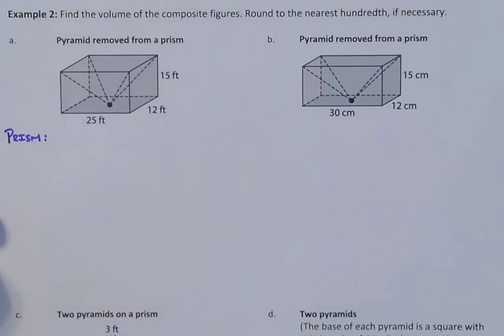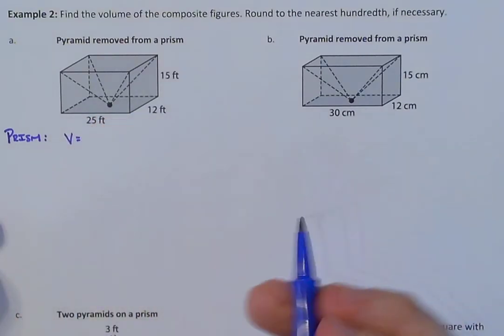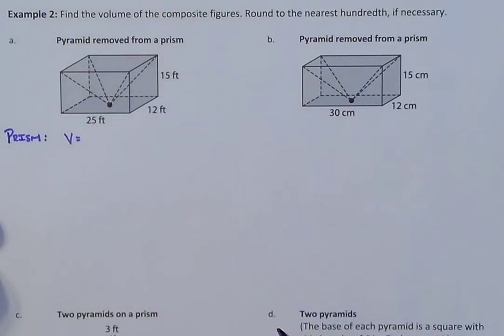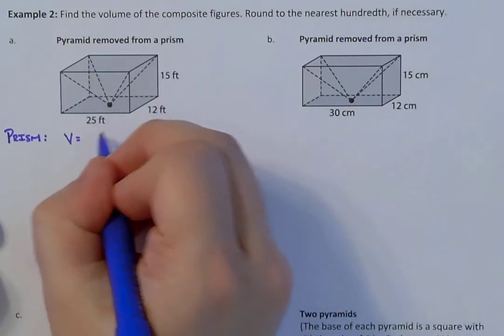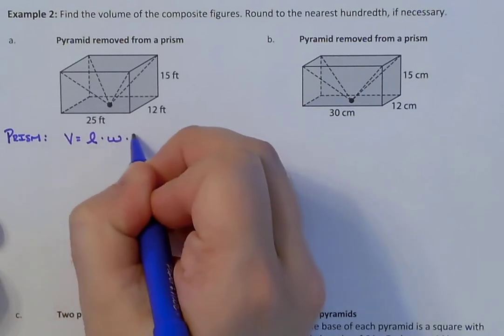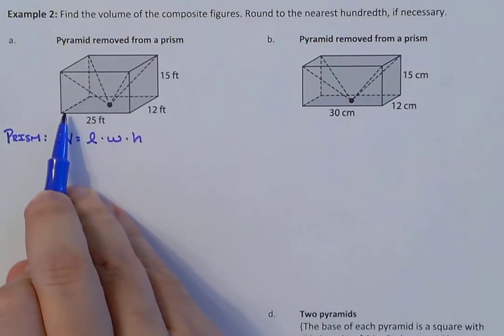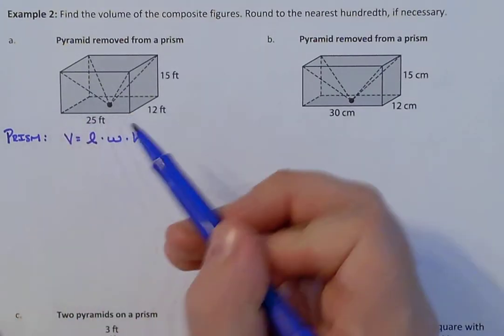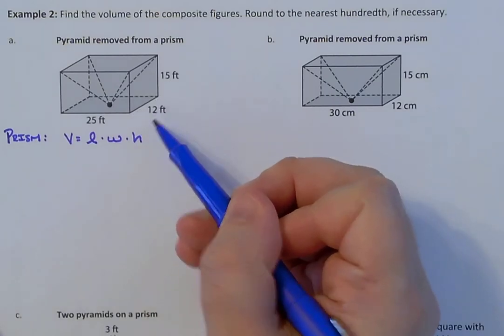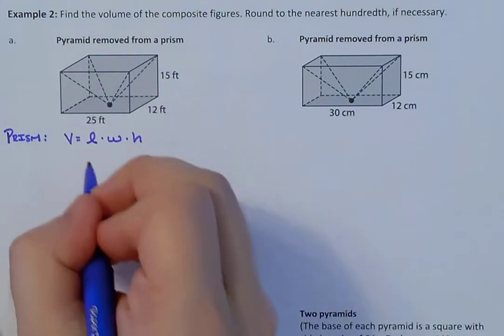Now, to find the volume of a prism, this is back to 18.1. Volume of a prism is area of the base times the height, or in this case, length times width times height. The length of the prism is 25, the width is 12, and the height is 15.